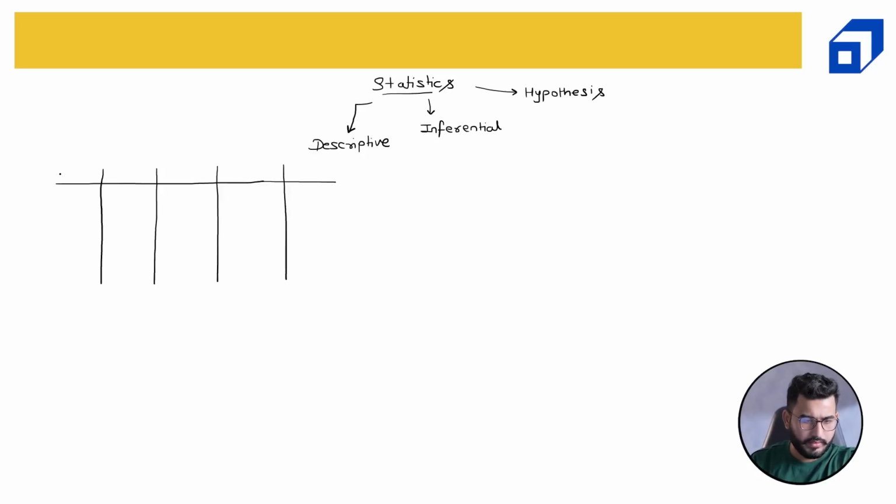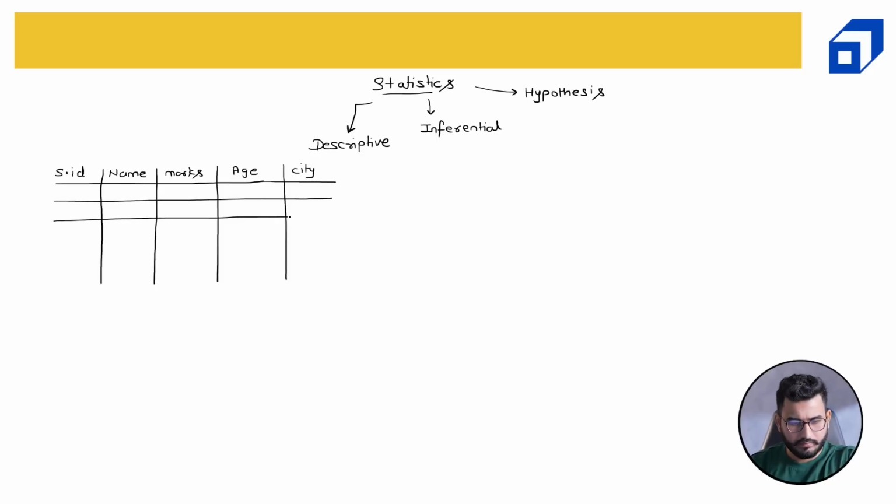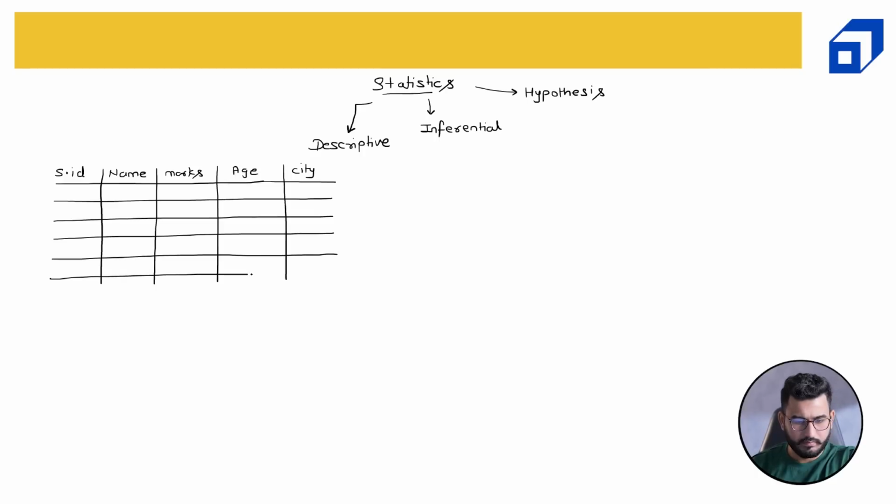So for student ID, I'll just write SID, then name, marks, age, and city. Let's say we have a few data points. Let's fill this table with some random data: 01, 02, 03, and so on. Let's say we have some 1,000 students.